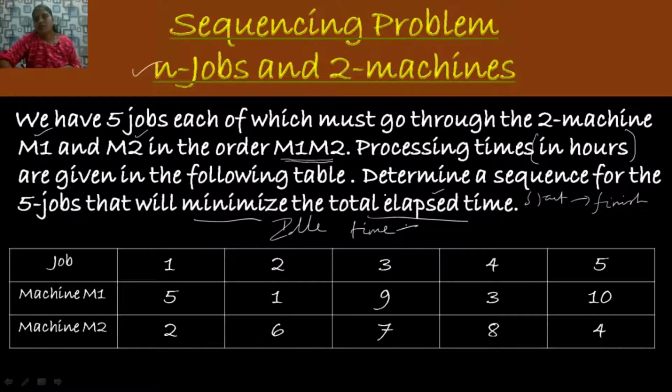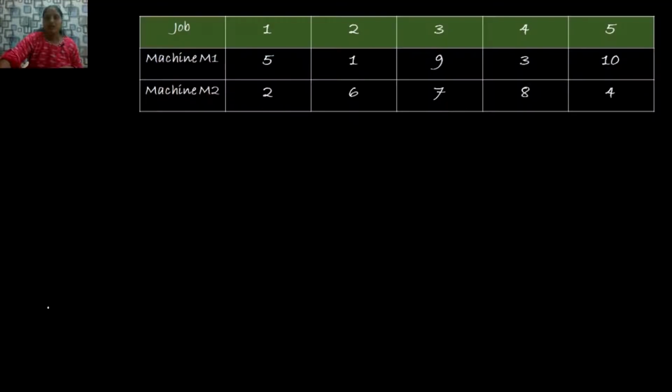So now we have to calculate the total elapsed time. For that, we have 5 jobs and 2 machines M1 and M2, and the processing times on M1 and M2 are given in hours. For example, the first job takes 5 hours on M1 and 2 hours on M2.